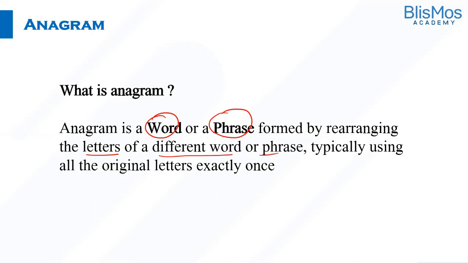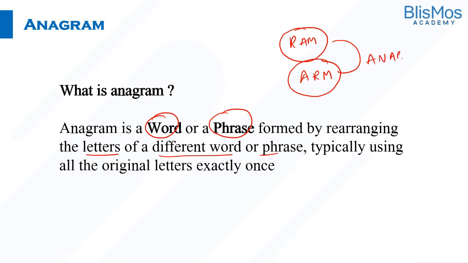Just to take an example here, let us say you have Ram. I can rearrange that as arm. So these two are anagrams.